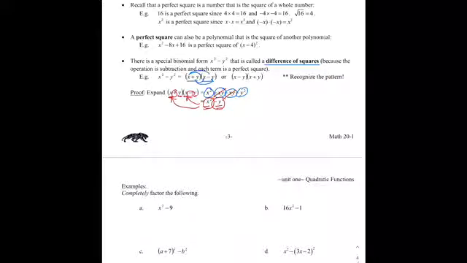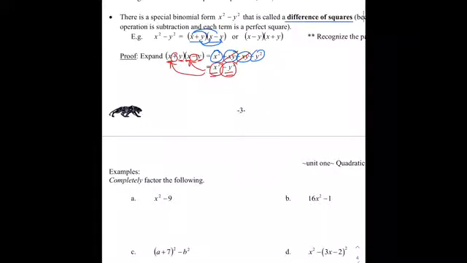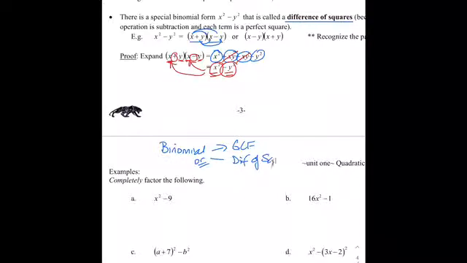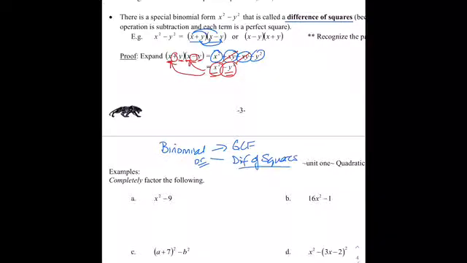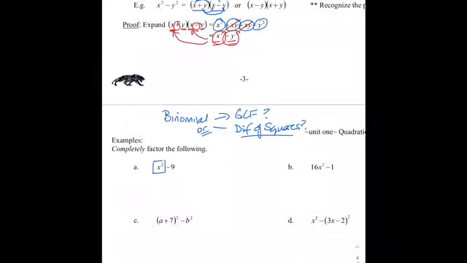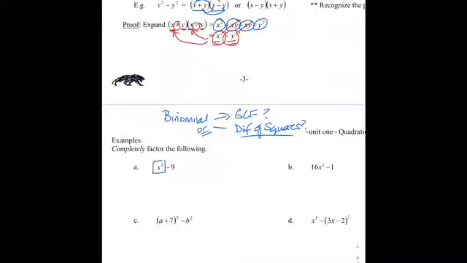So for example, down here, when I recognize, hey, this is x squared minus 9, if it's a binomial, by the way, the only kind of factoring we can do is either a GCF or a difference of squares. So as soon as I see a binomial, I'm going to look for a GCF, and I'm going to look for a difference of squares. I look at the first term, x squared, and ask, is that a perfect square?